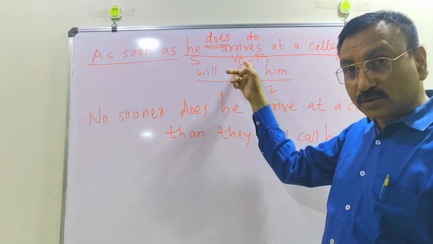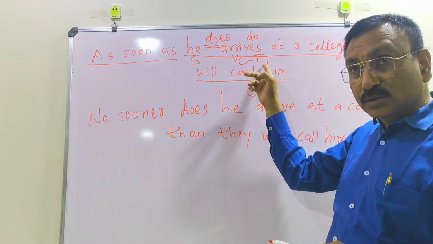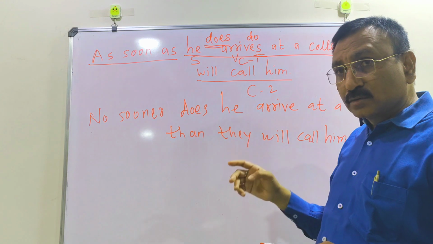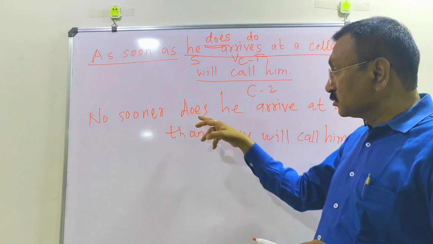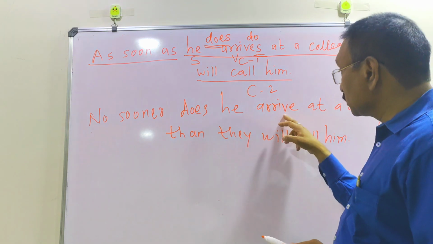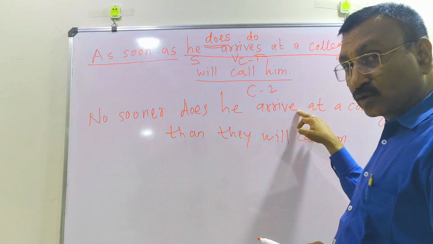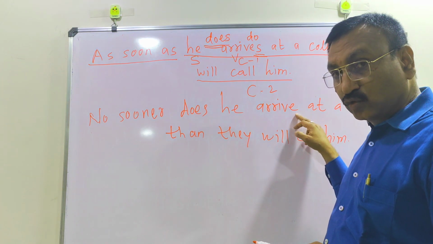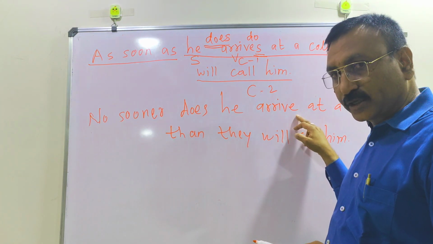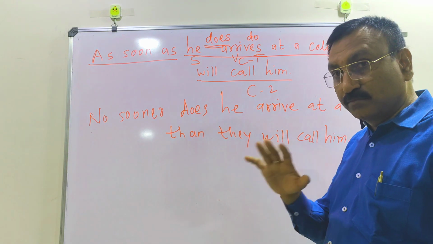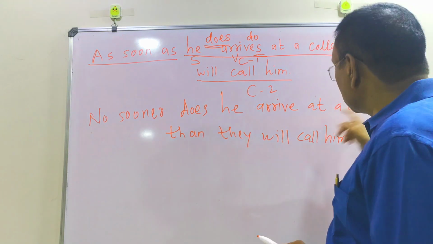In our first clause, the verb arrives takes the suffix s, and that's why we have decided to use the auxiliary verb does. And once you use does, you cannot write the suffix es here. We have to remove it. We have to write the base form of the verb, the plain form, and then continue.